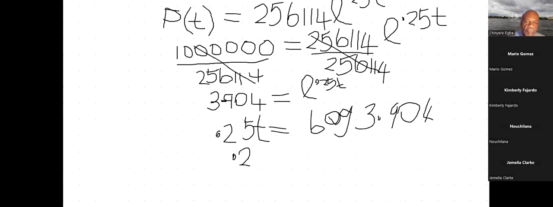So 0.25t is equal to, what is the log of 3.904? Somebody tell me. Is 0.5915.